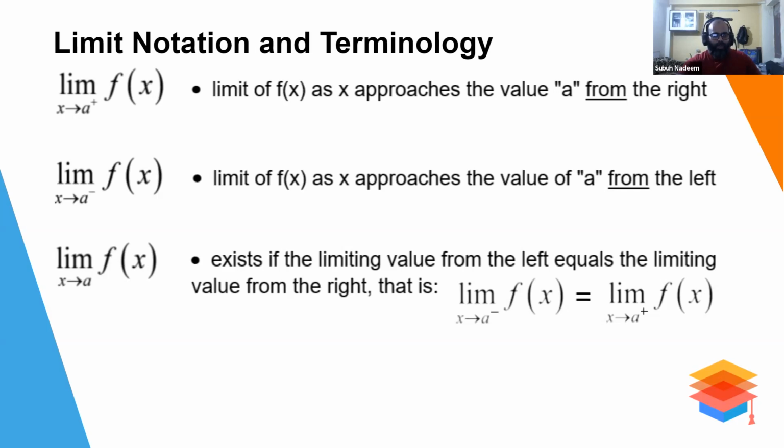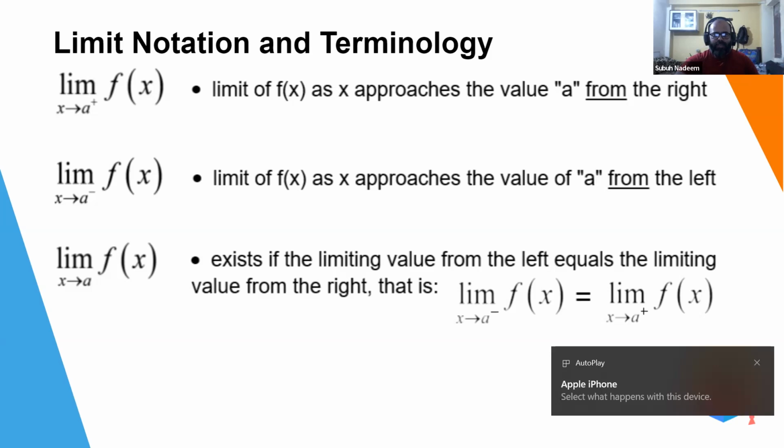And the limit as x approaches a of f(x) exists if the limiting value from the left equals the limiting value from the right, that is, the left hand limit equals the right hand limit. So we don't write plus or minus, we just write a, which means the limit exists.